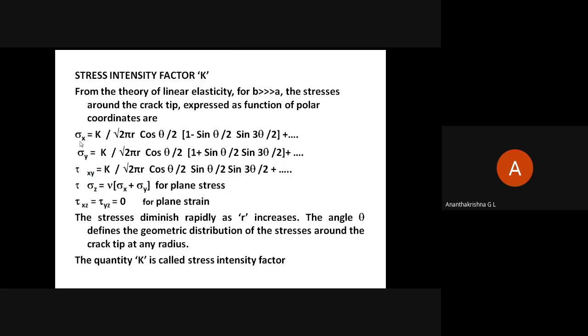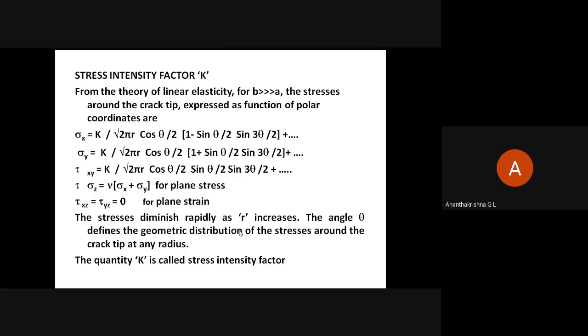So the stress in x direction, stress in y direction, and the shear stress are given by these equations, and sigma z is equal to nu times sigma x plus sigma y for plane stress, and tau xz equal to tau yz equal to 0 for plane strain.